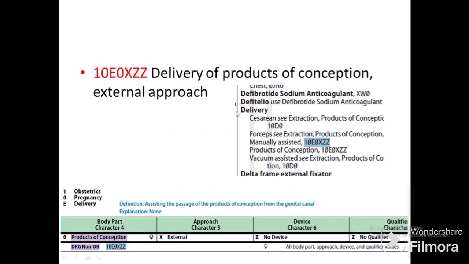We should use the term delivery in the index, and under delivery search for manually assisted. So 10E. We go to table 10E, and under 10E the body part is products of conception, external approach, no device, and no qualifier.